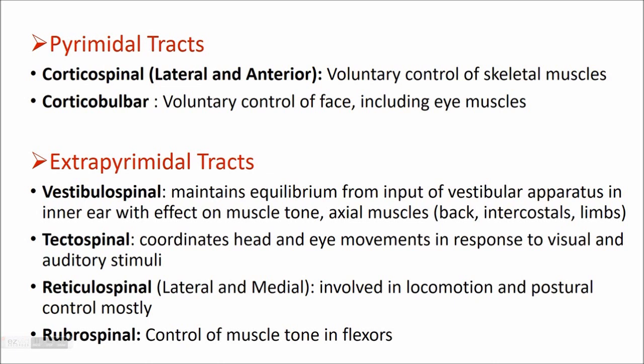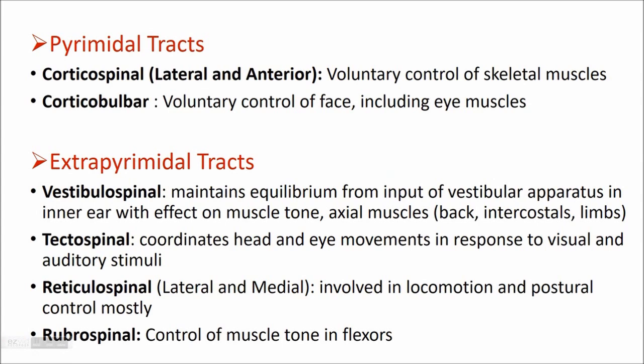We have the reticulospinal tract, which is made up of lateral and medial tracts, and they are involved in locomotion and postural control. And then we have the rubrospinal tract, which is responsible for the control of muscle tone in our flexor muscles.